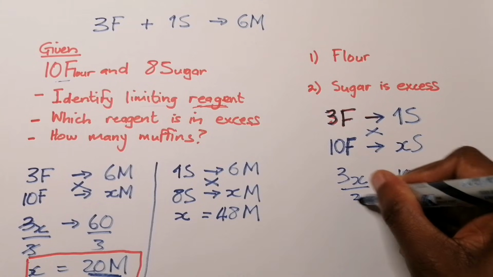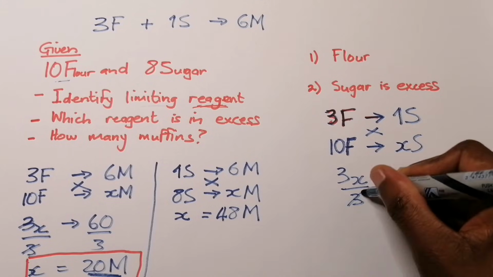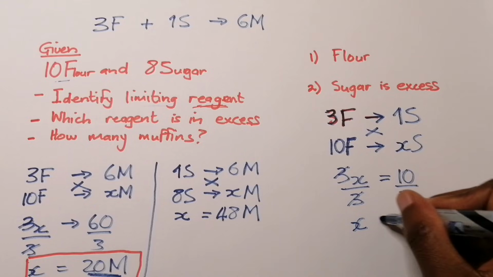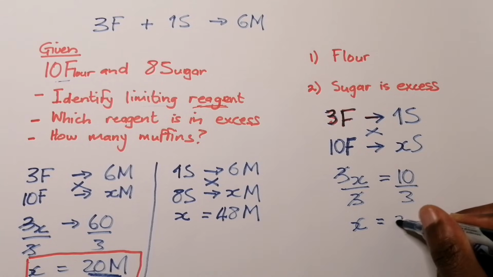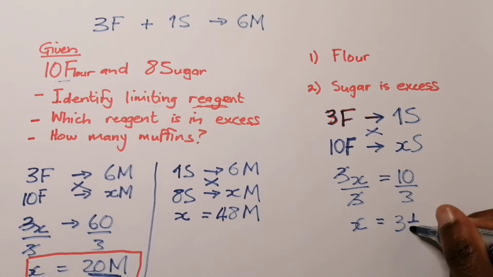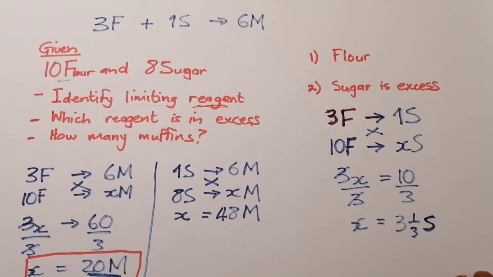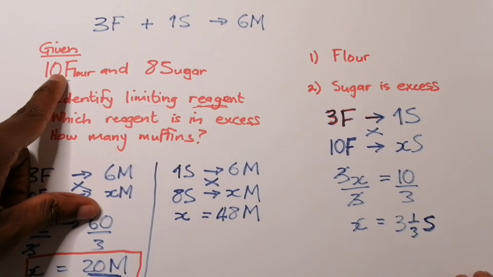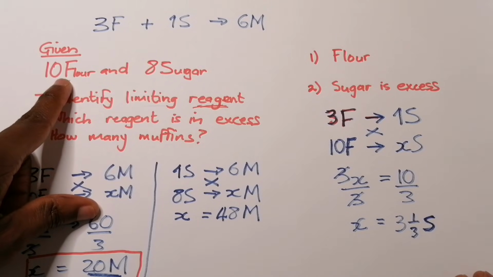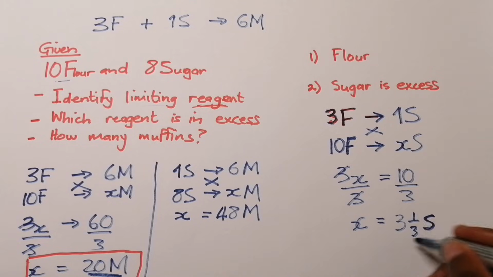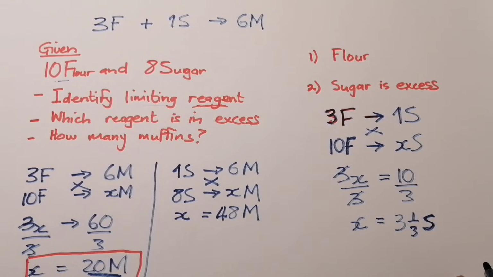I'm going to divide both sides by 3, so this will give us 3 1/3 of a cup. So if we use up all of the 10 cups of flour, we are only going to require 3 1/3 of a cup of sugar.